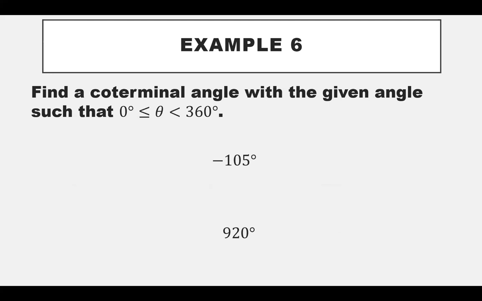And so it's a nice tool to understand that if I have an angle like negative 105 degrees or like 920 degrees, and I want to find the coterminal angle between 0 and 360 degrees, then all I really need to do is keep adding or subtracting 360 until I get an angle between 0 and 360. Let me show you how to do that.